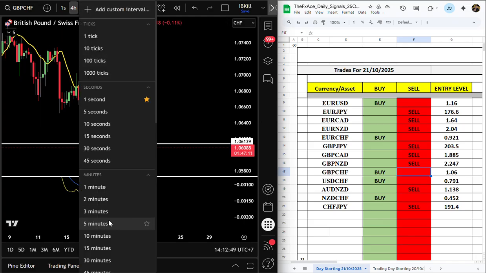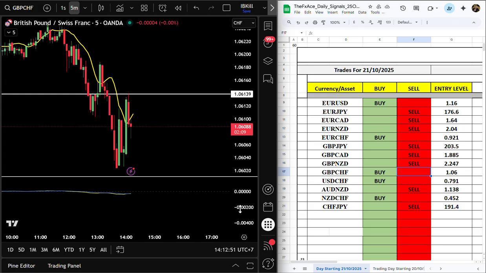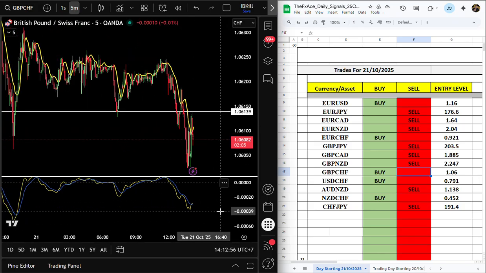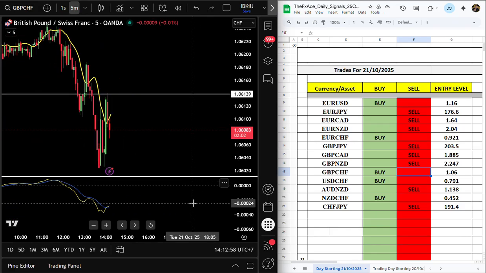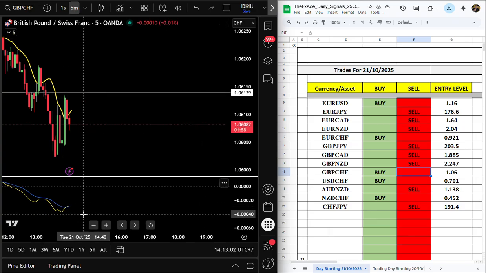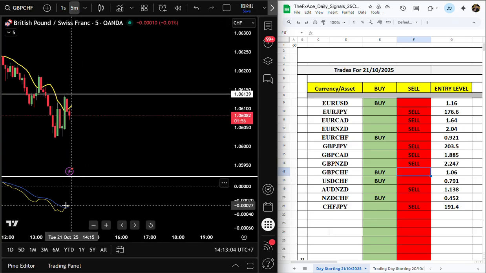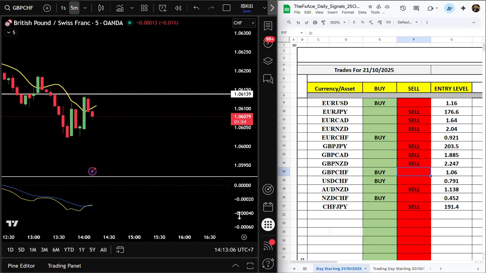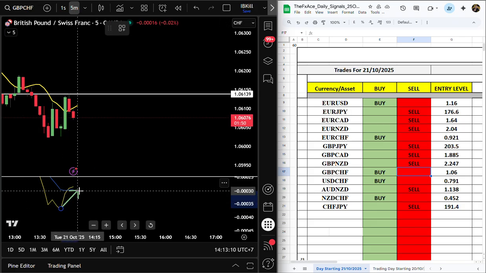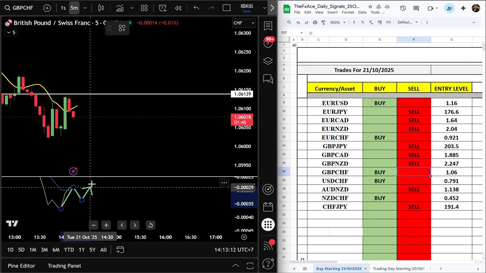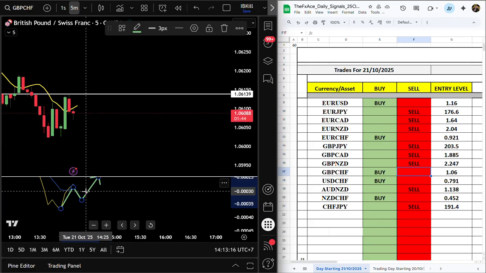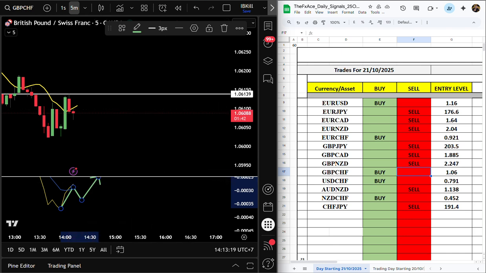Today, the only reason I'm playing this is, let's have a look to see if this kind of setup did work out. I would expect this to maybe move down again, so this could be the start of the divergence. Price moves down, we have this move up, it moves down like this, and then crosses back up as it moves down towards 106. That's what I'll be looking for on this pair.